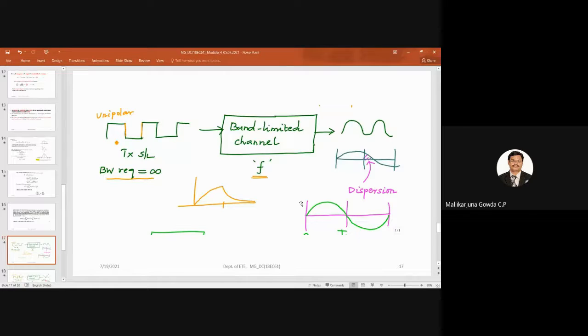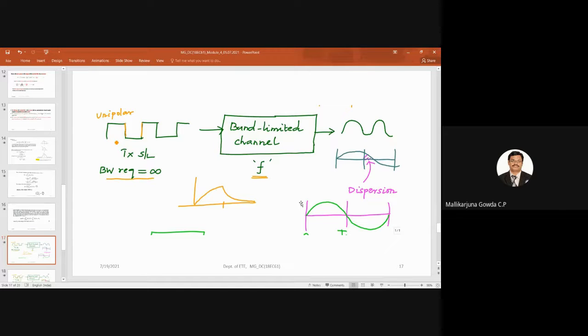If I take a rectangular pulse and take its Fourier transform in the frequency domain, it will be a sinc function. The sinc function will not be exactly zero outside that frequency, so its tail extends to infinity. That is why a signal which is band limited in time cannot be band limited in frequency, and vice versa is also true.